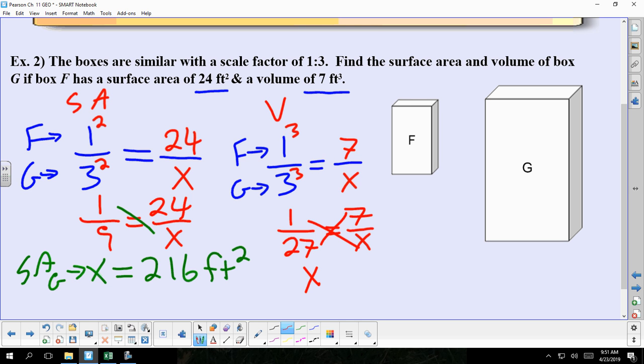Cross multiply. X equals 189 cubic feet. And that is the volume of G, if F has a volume of 7.